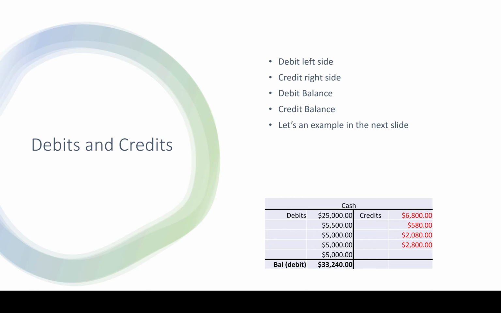Asset accounts have a debit balance, and liabilities and equity accounts have a credit balance, except withdrawals. We will go through this in detail, don't worry. If you don't get it from this slide, I don't expect you to understand it from this slide.